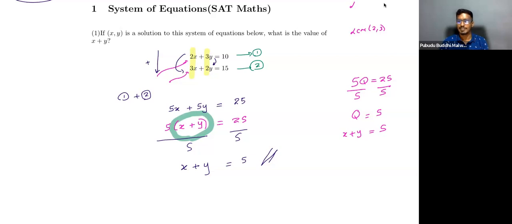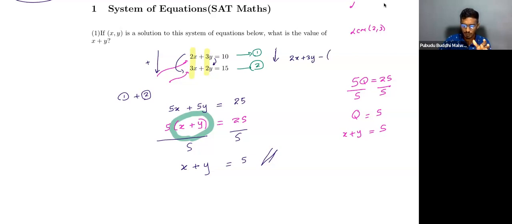For example, in this case, what will happen if you subtract these two? Try those little experiments, right? What will happen? 2x plus 3y minus, but be careful when you are subtracting.